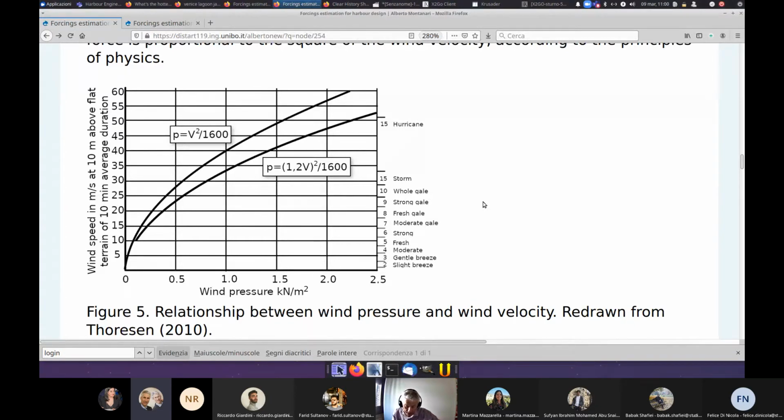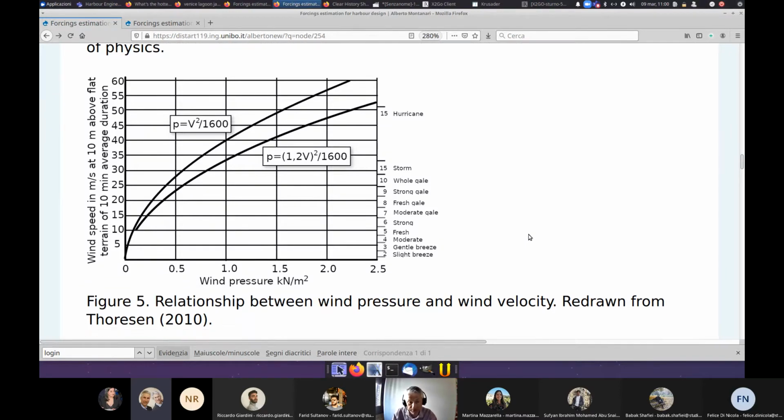In particular, we have to design the moorings and the whole berth structure. So we are interested in the distributed loading on the whole berth structure, and in the single loads of each mooring point. Now we got how to estimate the wind forcing against the ship, and now we have to discuss how this forcing is to be transferred to the berths.